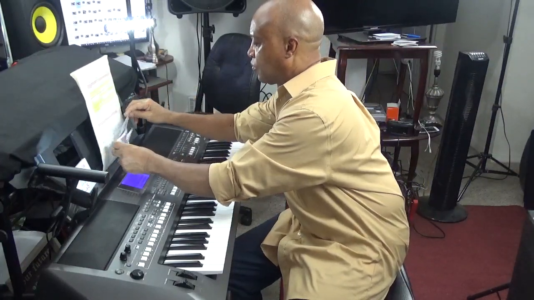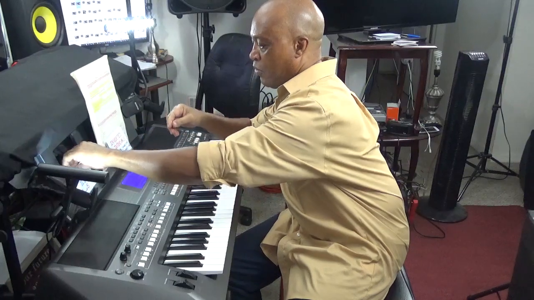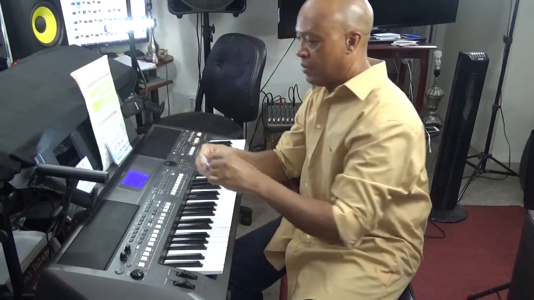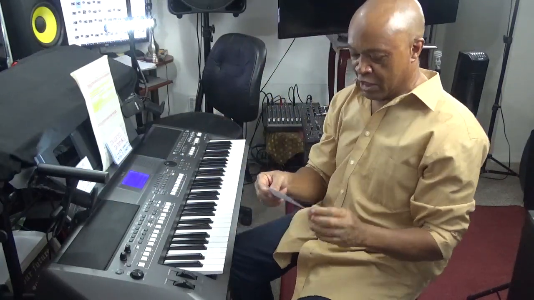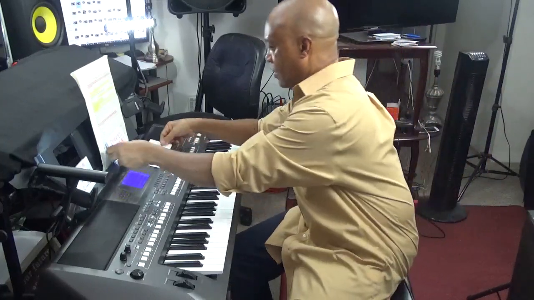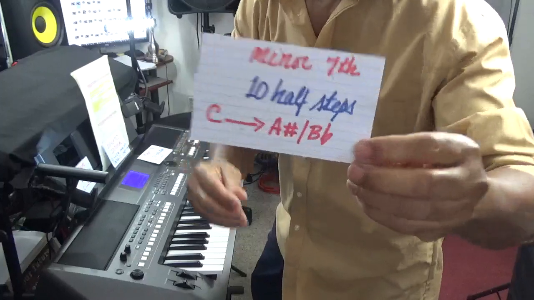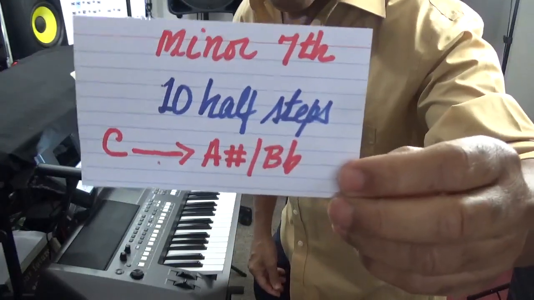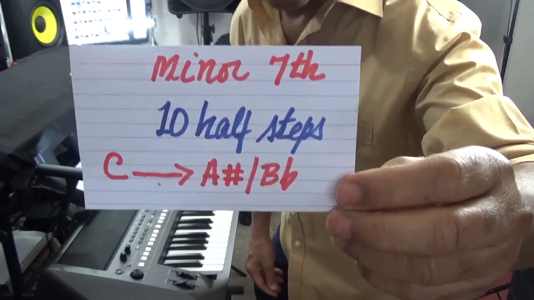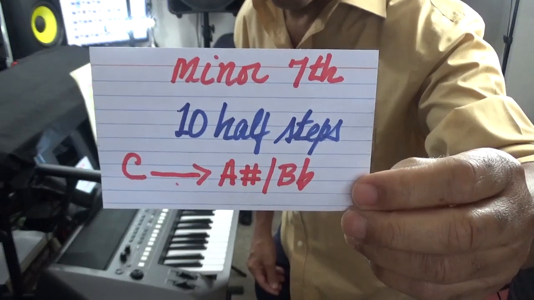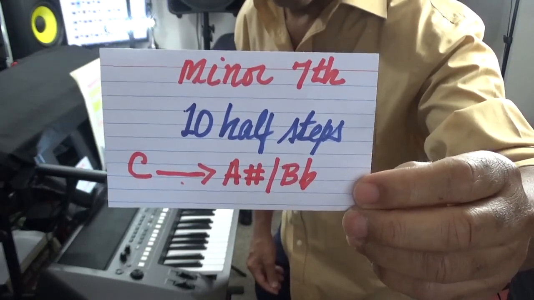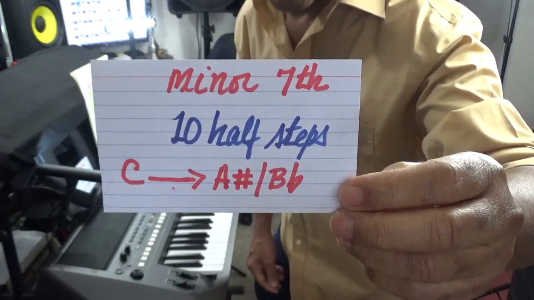Now let's play, let me make sure I show you the minor. Okay, this is from C to A sharp or B flat, which is minor 7th interval.